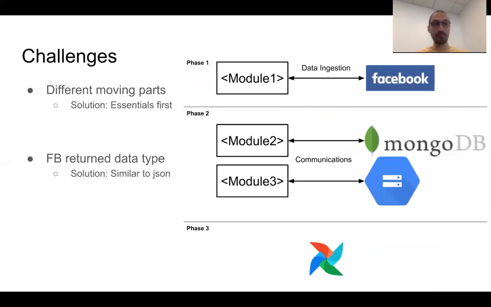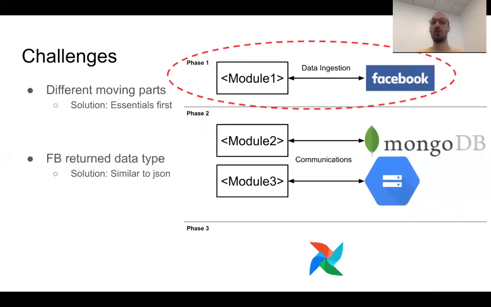The first challenge I faced was that there are different moving parts to this project. I had to get the most essential part, which was the data ingestion, right before anything else. And also about the data that Facebook returns, it looks like JSON, but it is basically JSON wrapped in Facebook objects.